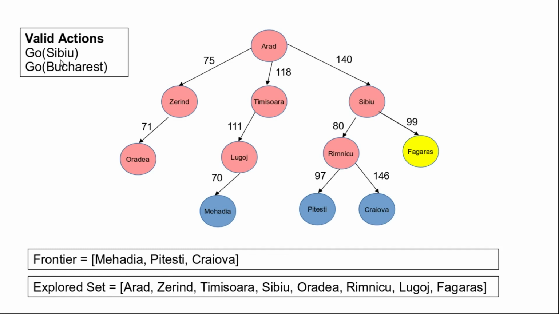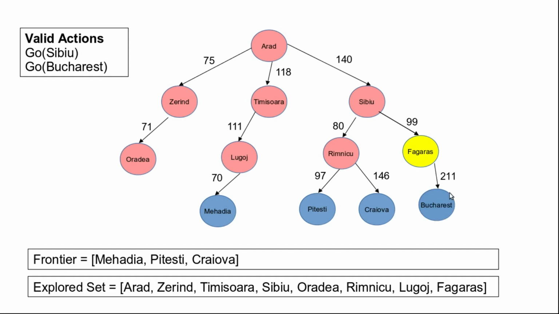The valid actions are, we can go to CBU and we can go to Bucharest. CBU is already present in the explored set, so no new nodes will be generated for CBU. However, Bucharest is not present in the explored set. It is not present in the frontier list, and hence a new node will be generated for Bucharest.